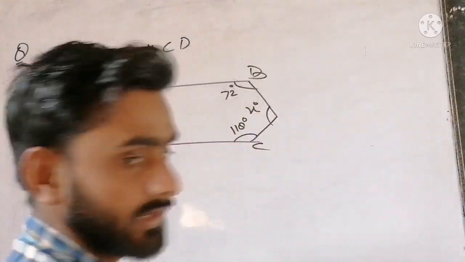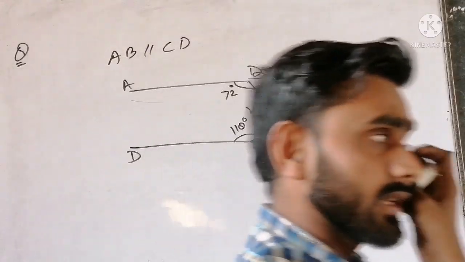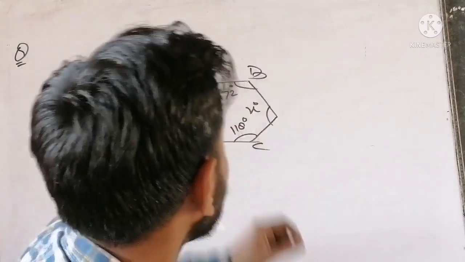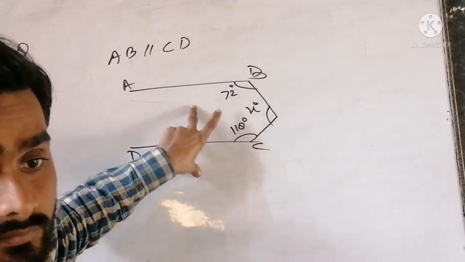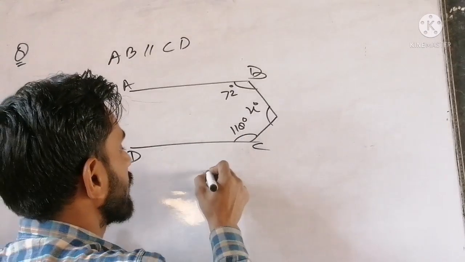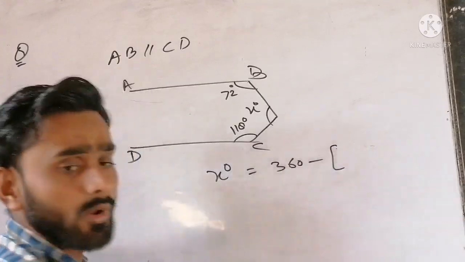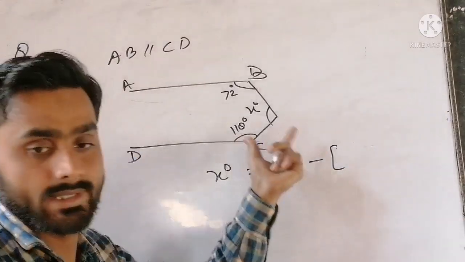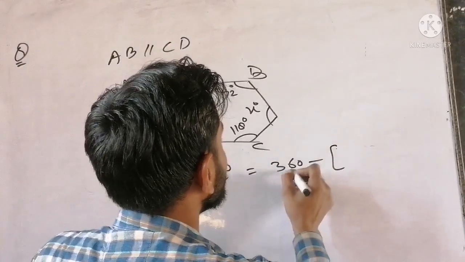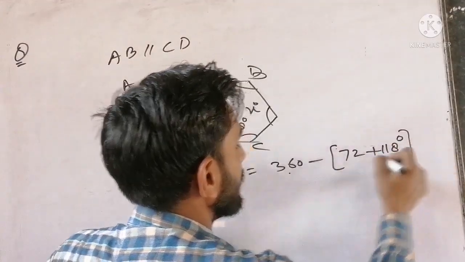Look, brother, look. You have already read that if this type of question comes to you, then what will you do? For the value of x, don't do any other things, you will do this. x is equal to 360 minus 72 plus 118.